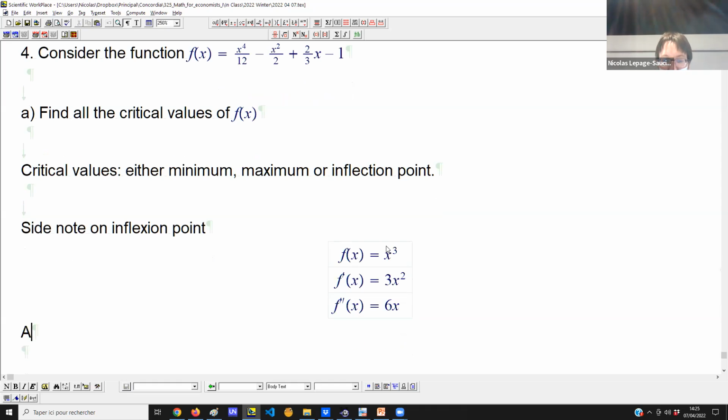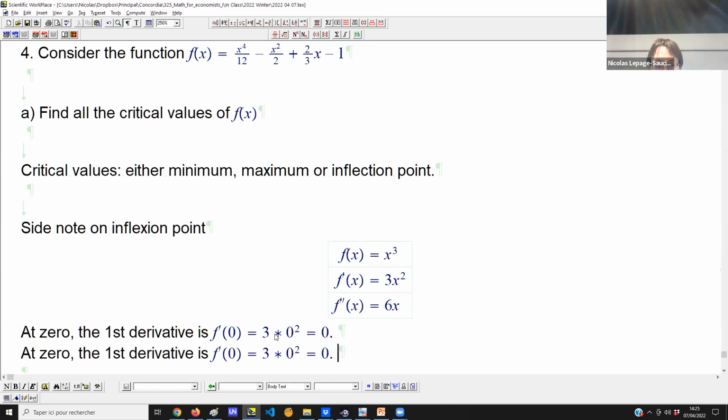So at 0, the first derivative is 0. So we might think, oh, maybe we have a maximum, maybe we have a minimum. So let's check the second derivative.